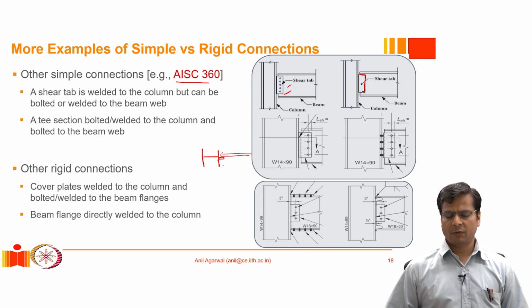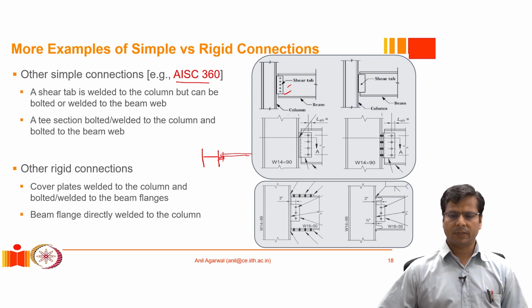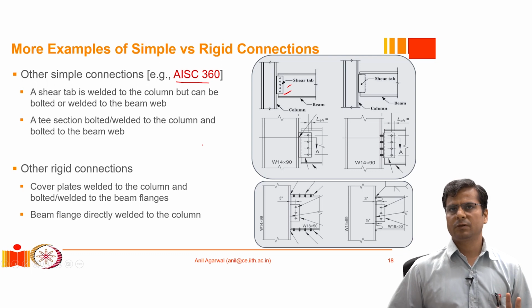Typically what they would do is they would weld this shear tab to the column at the shop, in the fabrication shop. Then it will be brought to the site, the beam will be lowered to the position, and then simply we can decide to do a site bolting or site welding, right? Either one is okay, but generally the practice is that we want to avoid site welding.